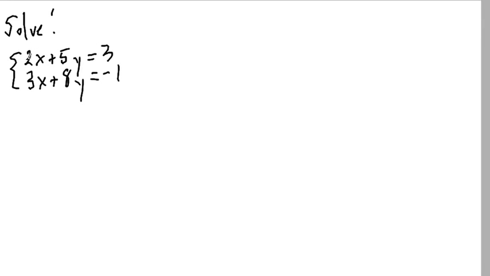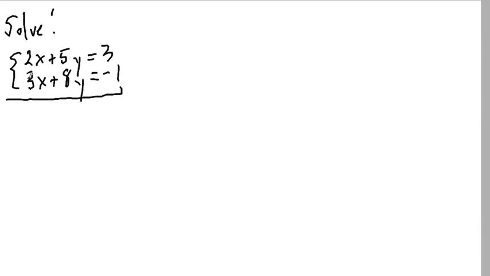So I can't multiply 2 by anything to get 3, or 3 by anything to get 2 unless I introduce fractions. Same thing with 5 and 8. So really, if I want to keep working with whole numbers, I can try multiplying both equations by a number to get the same coefficient in front.